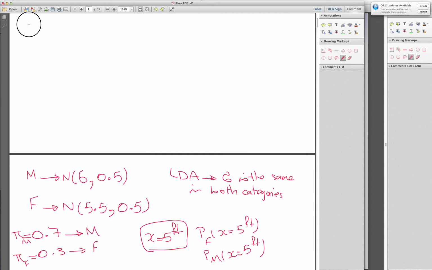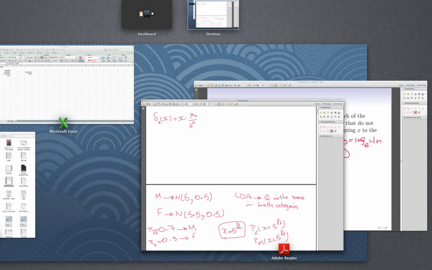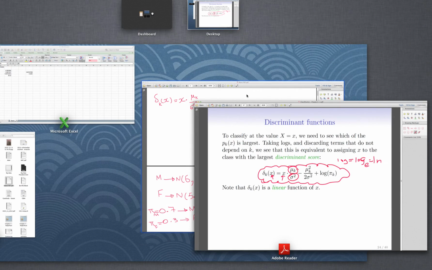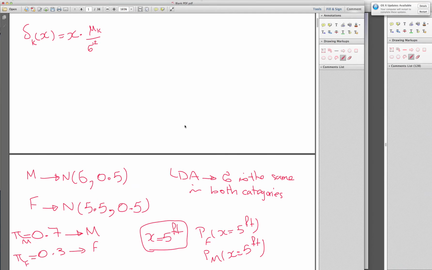And to remind you, the discriminant score for each category was x times mu k divided by sigma squared, minus mu k squared divided by 2 sigma squared, plus log of pi k.